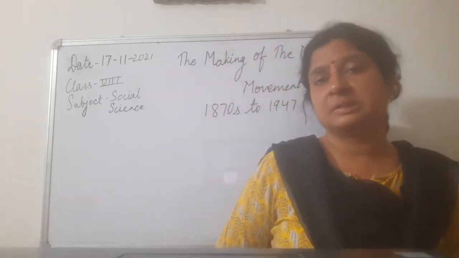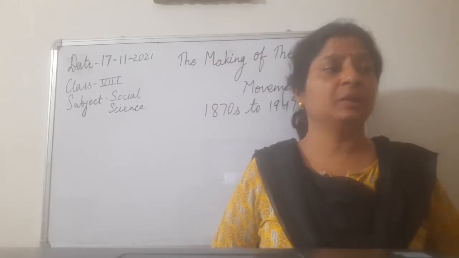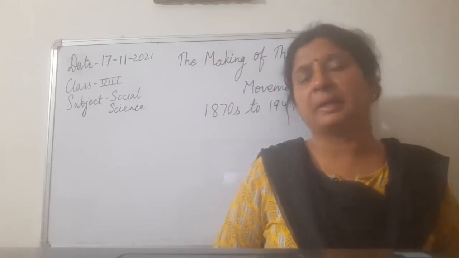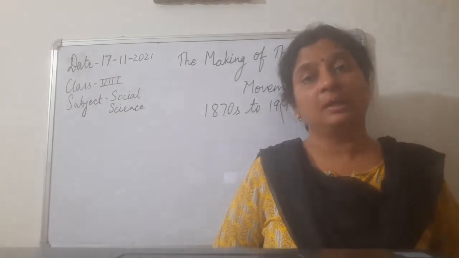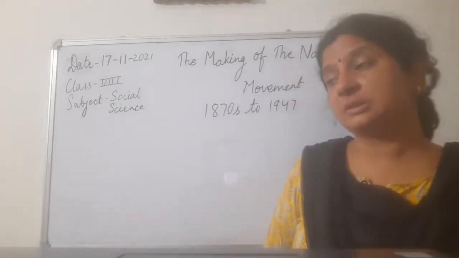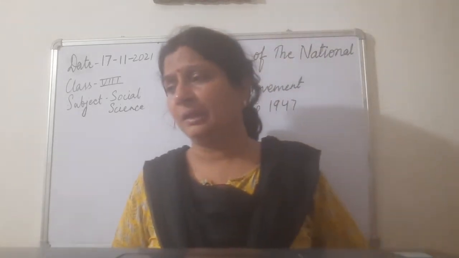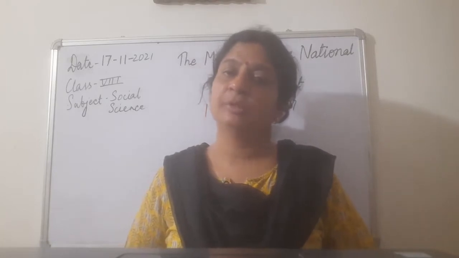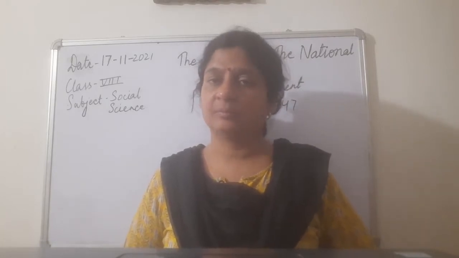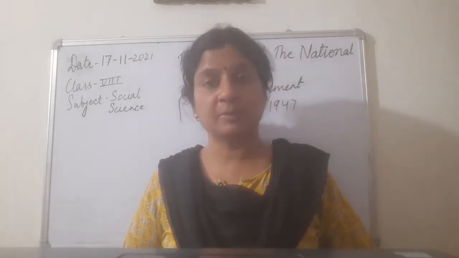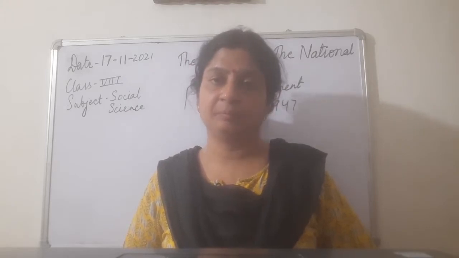So this territorial conquest by the British was not liked by Indians, because it was considered to be a disrespect for their rajas, who were given a very respectful place by the people.